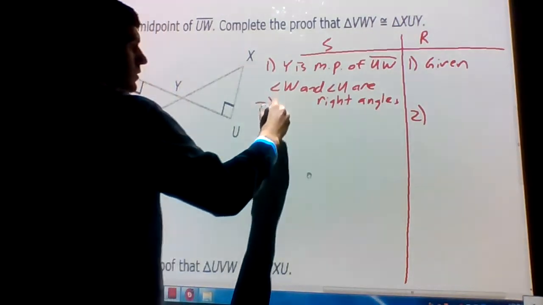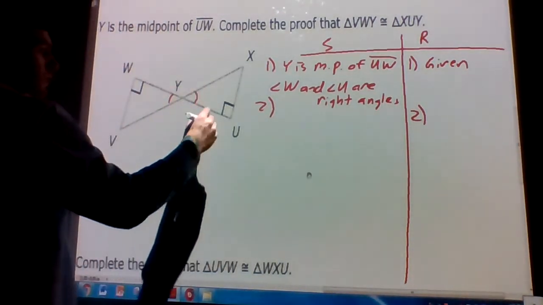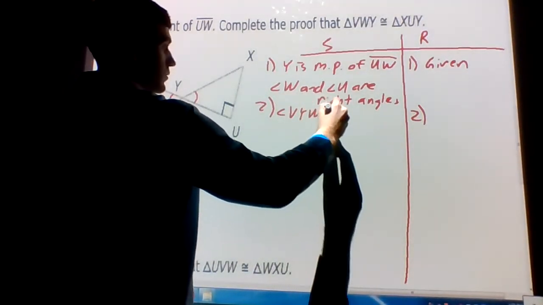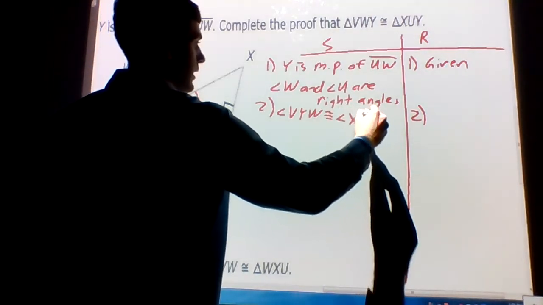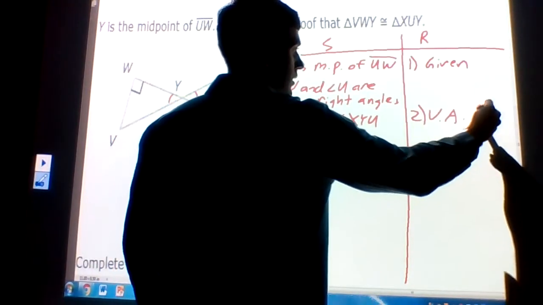So we go down our list, vertical angles is the first thing, and we do have vertical angles here. So we can say angle VYW is congruent to angle XYU. And that's the vertical angle theorem. We know vertical angles are congruent.